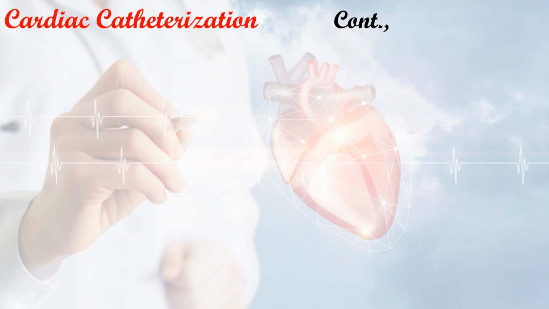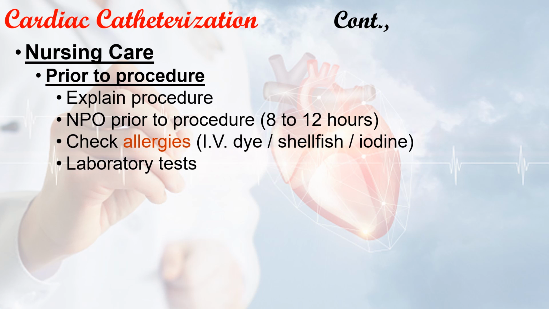Here, continuing with the cardiac catheterization, let us see the nursing care. First of all, the pre-procedure care. As a nurse, we are supposed to explain the procedure to the patient as well as the patient's bystanders and make them understand what the risks are and what the benefit of doing the procedure is.